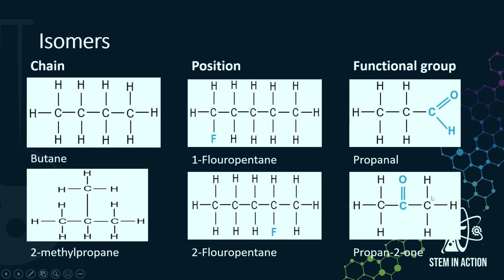And functional group isomers will also result in different physical properties. Your aldehydes versus your ketones will also, as you can see, this aldehyde has got a hydrogen bond to the carbon that is bonded to the carbonyl, or the double bond oxygen, whereas this carbon does not have a hydrogen bond.